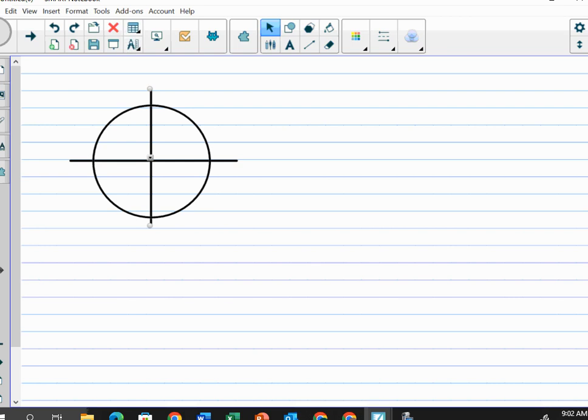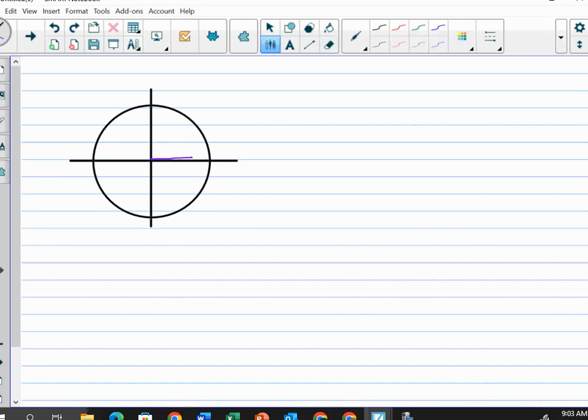I'm drawing the circle, and maybe I should have made it bigger for you. That is a theta right in there. Let me draw it a little bigger.